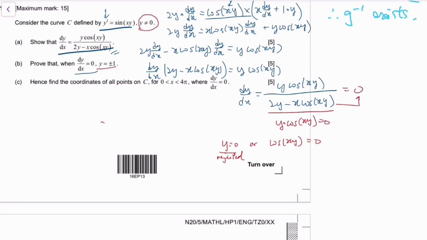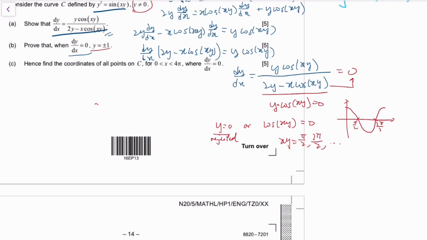Okay, that's a bit tricky. When is cosine 0? Cosine is 0 when you have cosine of pi over 2 or 3 pi over 2 and so on and so forth. So I guess we can use this to represent that, because I don't think I need you to learn how to write the solution of cosine in a general form.